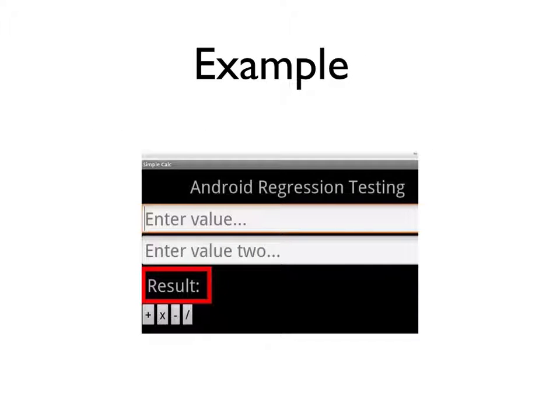Next, I will use an example to illustrate our approach. A simple calculator, as shown in this figure, is a basic calculator. It takes two numbers as input and performs four arithmetic operations: addition, subtraction, multiplication, and division.